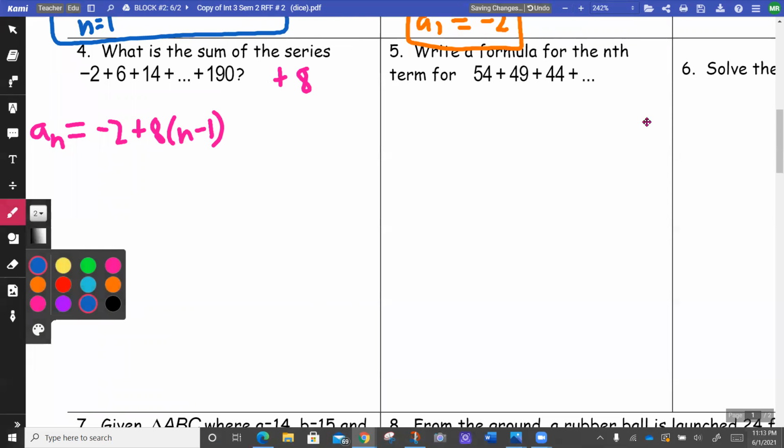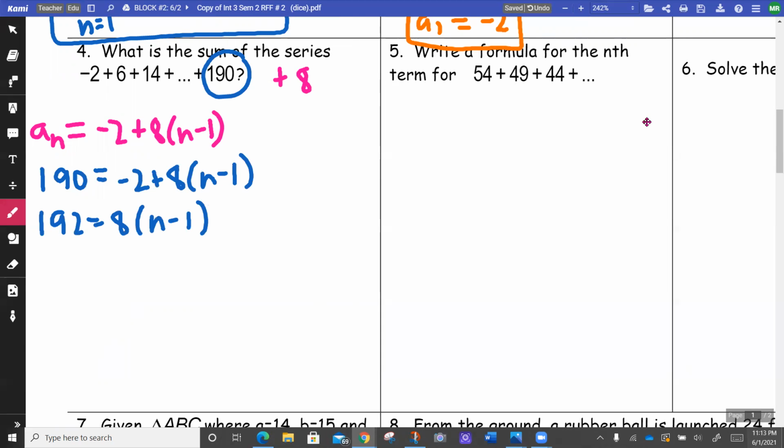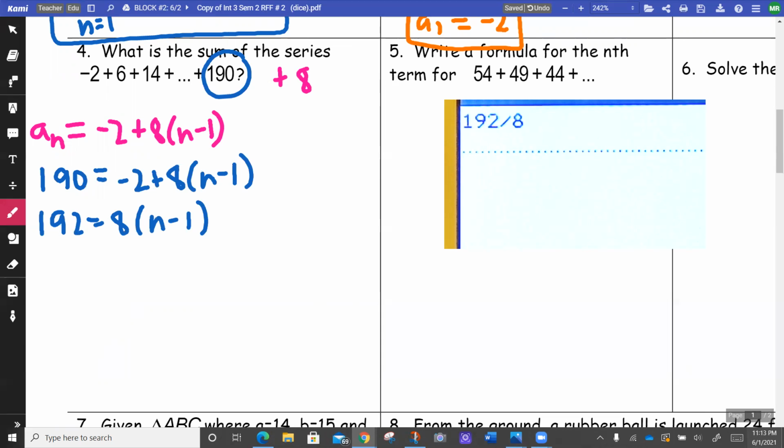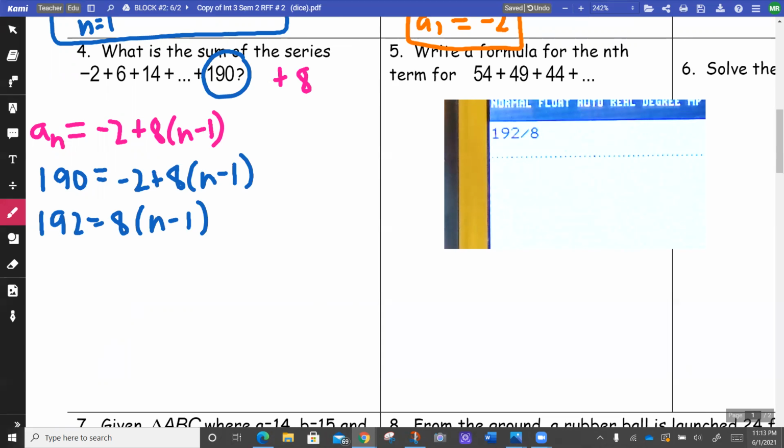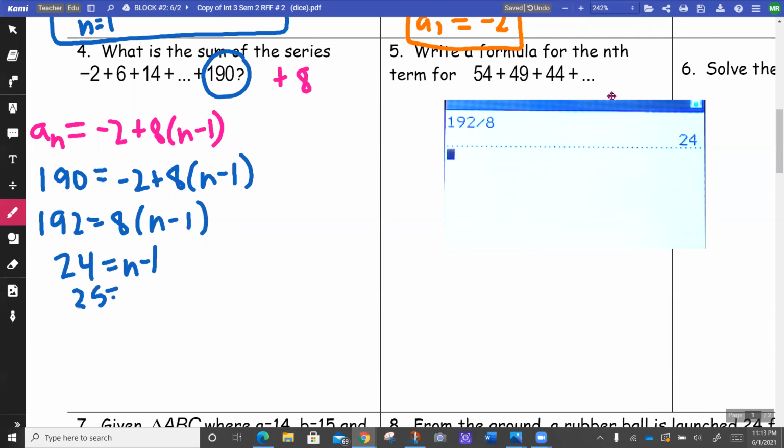So if I want to know what term this is, I'm going to go 190 equals negative 2 plus 8 times n minus 1. So I'm going to get 192 is equal to 8 times n minus 1. So when I take 192 divided by 8, I end up getting 24. So this is going to be 24 is equal to n minus 1. So 25 is my n.